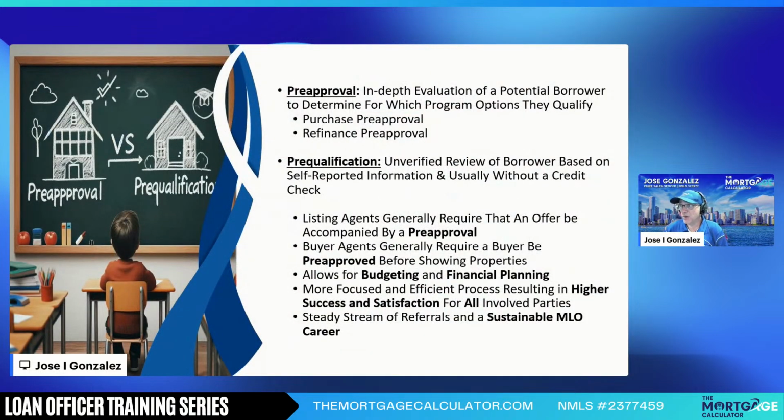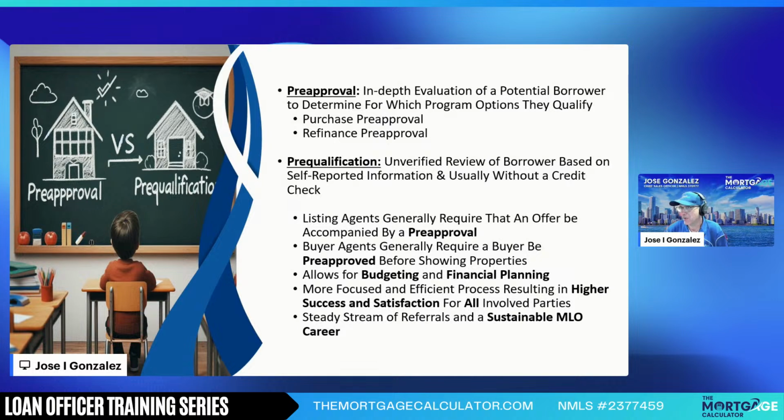So, as we all know, a pre approval is an in depth evaluation of a potential borrower to determine for which programs they qualify. It can be either a purchase pre approval or it can be a refinance pre approval. A pre qualification, on the other hand, is an unverified, and I stress unverified, review of the borrower based on self reported information.